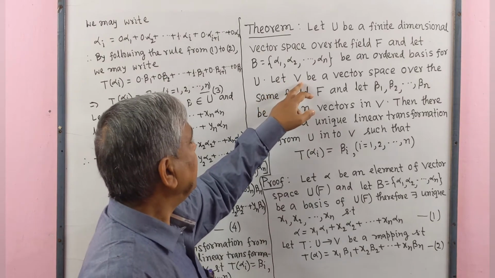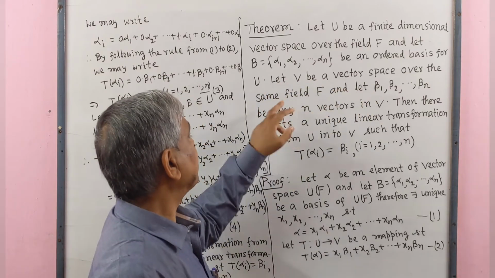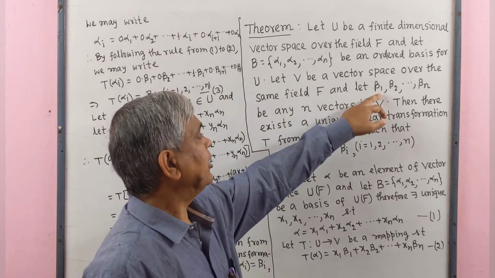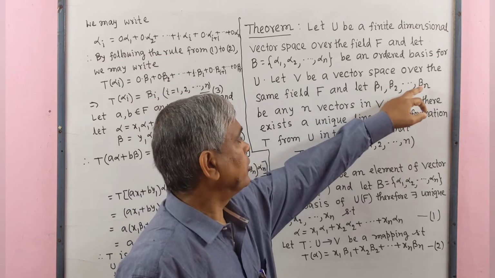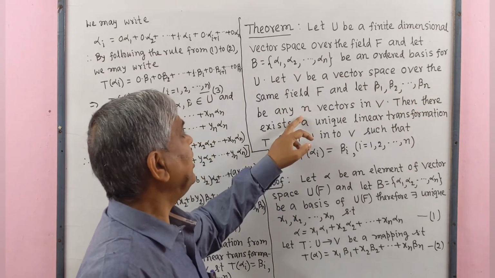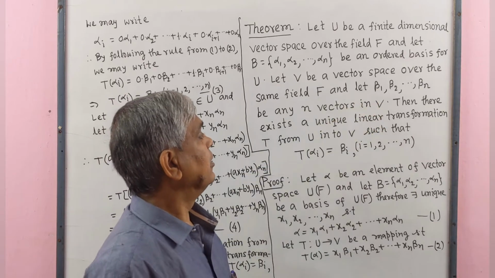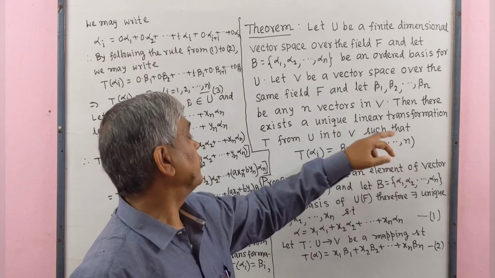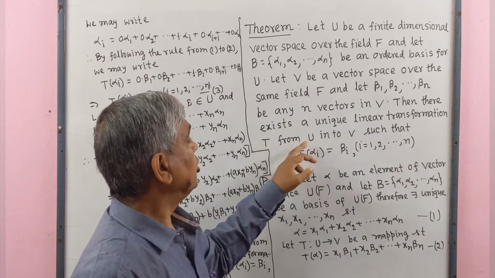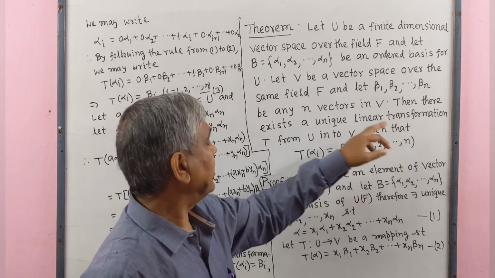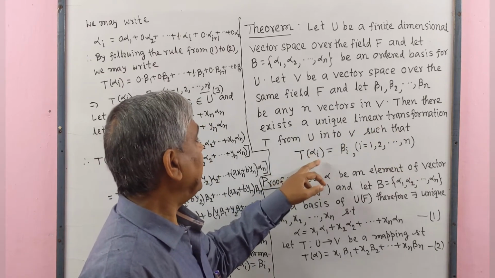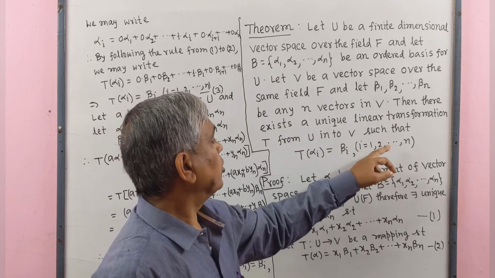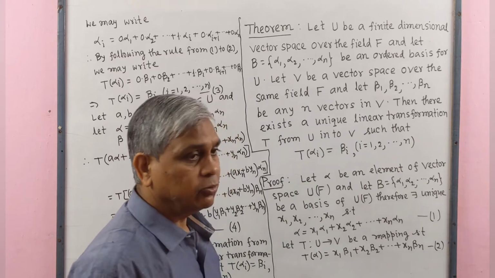Let V be a vector space over the same field F, and let beta 1, beta 2, ..., beta n be any n vectors in V. Then there exists a unique linear transformation T from U into V such that T alpha i equal to beta i, i equal to 1, 2, ..., n. Now we shall prove this theorem.